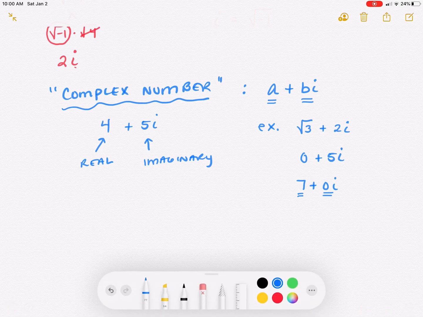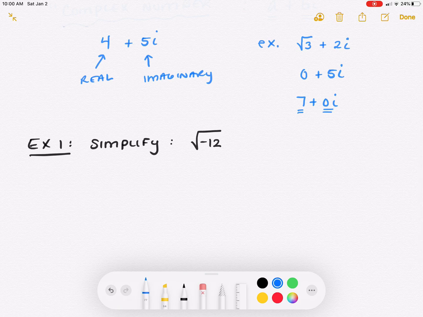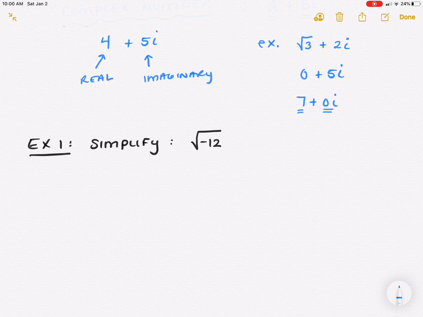All right, let's get to a few examples. First thing we're going to do is practice simplifying imaginary numbers. So suppose we have the square root of -12. Well, we're going to split this: we have the square root of -1, which is what makes the negative part, and the square root of 12 can be split into the square root of 4 and the square root of 3.